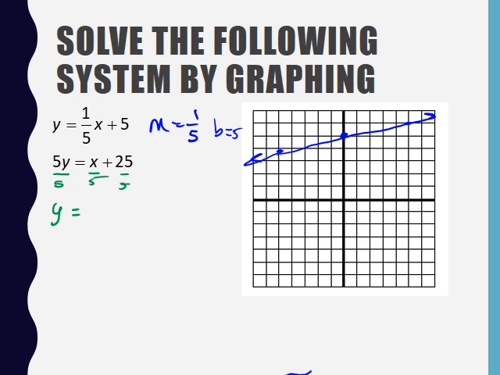And I'm going to get y equals x over 5 plus 5. Remember, x divided by 5 is the same as 1/5 x, so our slope is 1/5, and our y-intercept is 5. So if I go to graph that, you're going to see that it's exactly the same line. So that means that there is infinitely many solutions.